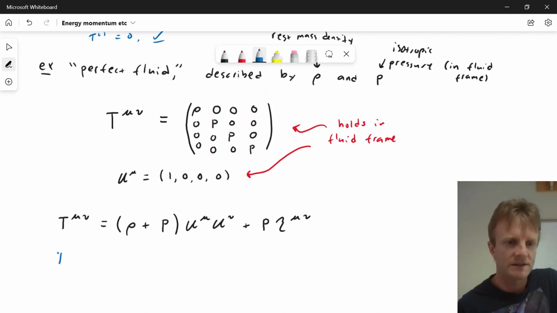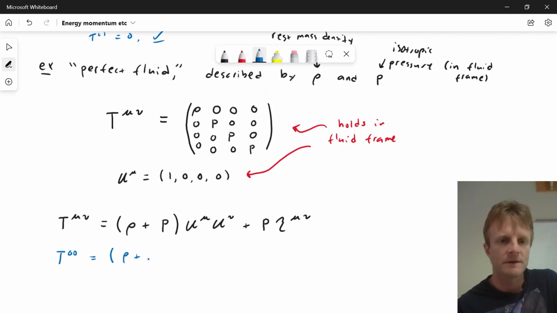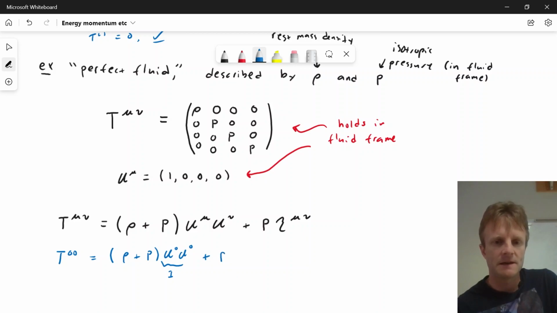So let's try T^00. So T^00 would be (rho plus P) u^0 u^0. This is just 1. They're each 1. And P eta^00.